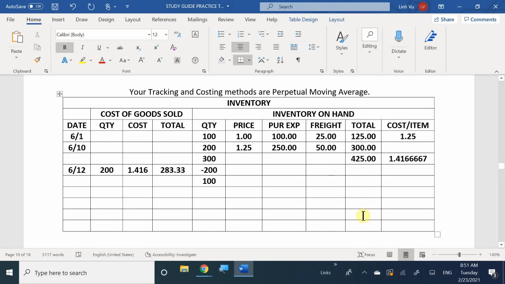And then again, minus the 283.33, I should be left with 141.67. And again, that should be 1.4167. Okay. So then what has happened next?